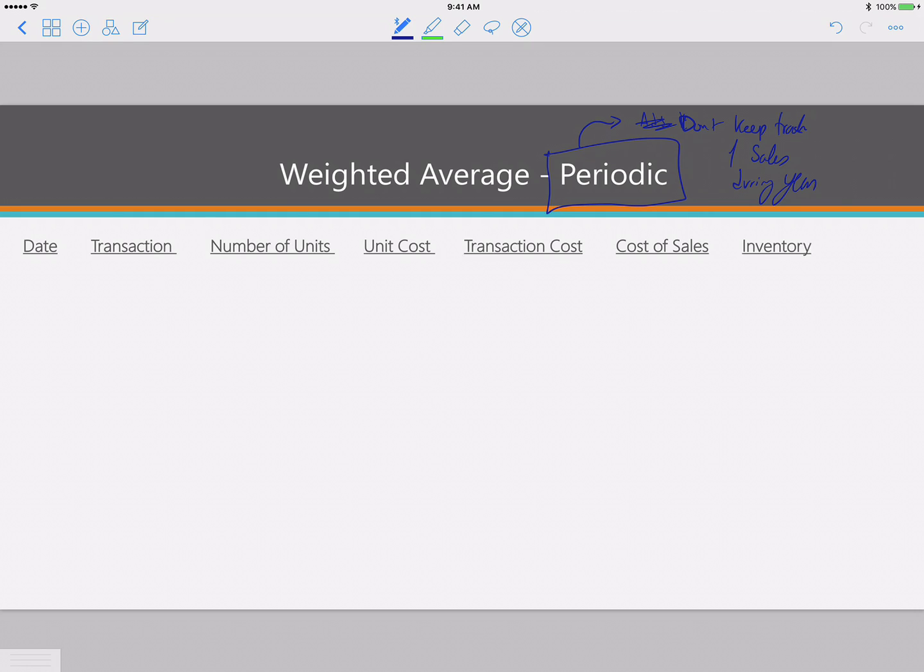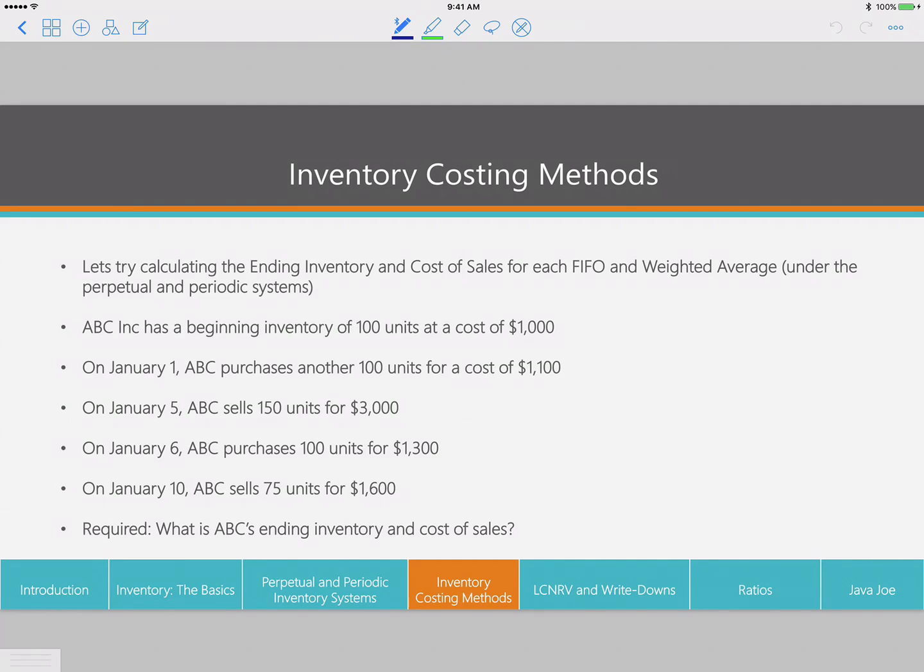So under the weighted average period, we're first going to add up our beginning inventory and our purchases. Then we're going to take the average, and then we'll record our sales at the very end. So let's go back to our problem.